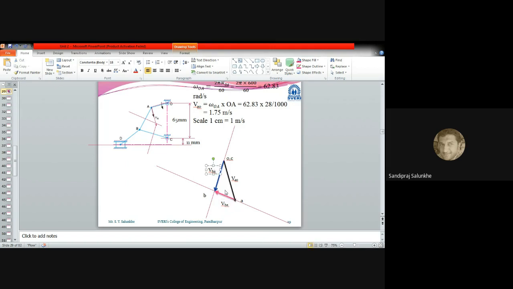This is velocity of point B with respect to O. Now we have got point B.